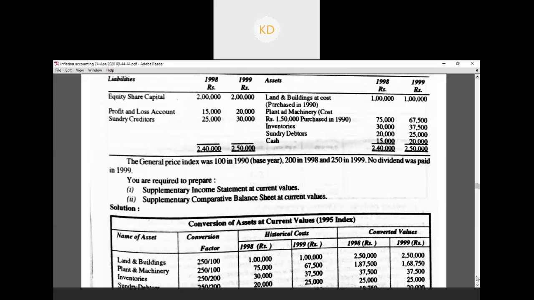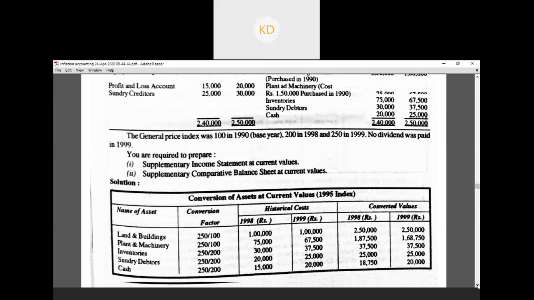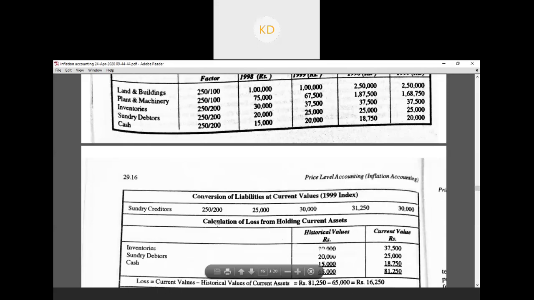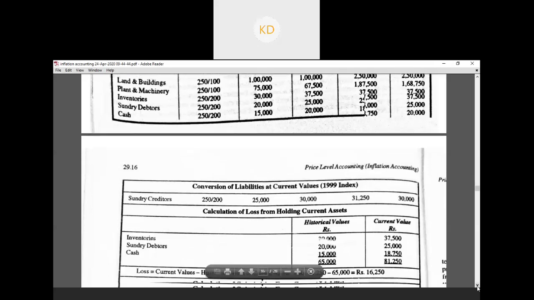First I'm talking about the creditors. Creditors are this year's creditors, so I convert them at the current price index 250 divided by the previous price index, that is 200. I'm converting my creditors, right?